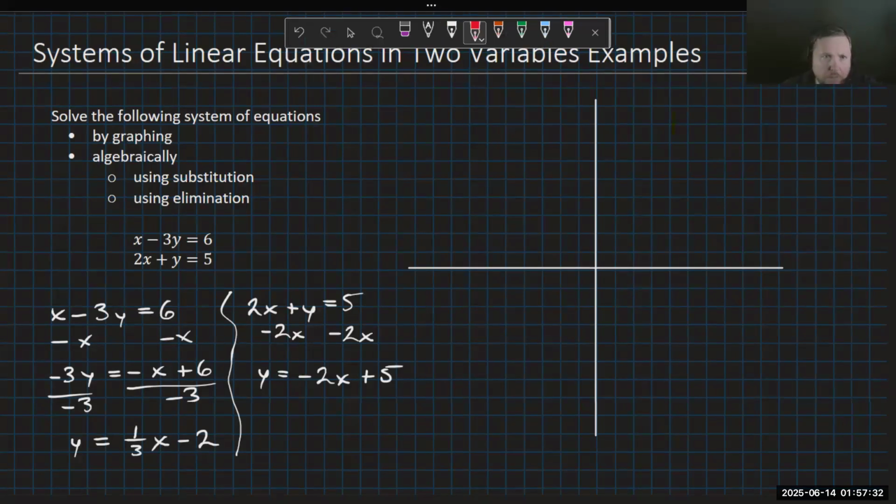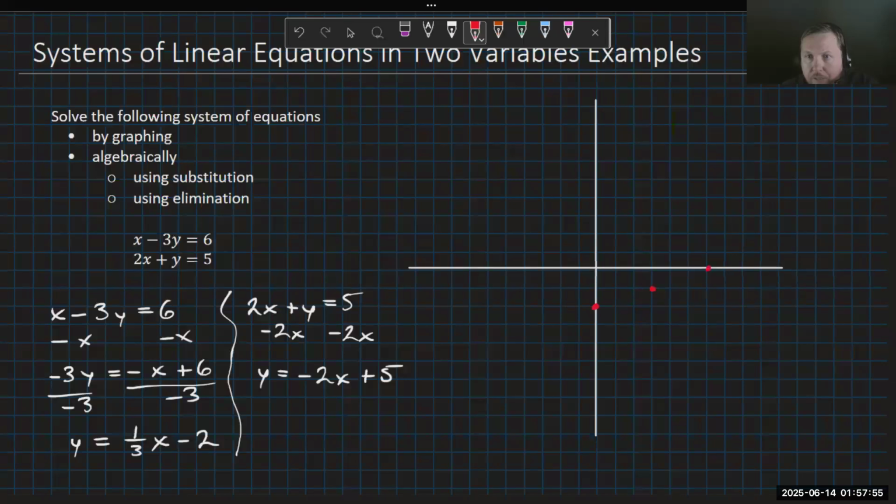So let's go ahead and plot the first equation. So I have a y-intercept of -2. So I'm going to go ahead and mark that. And then I have a slope of 1/3. So that means I go up 1, right 3. And I can just do that over and over.